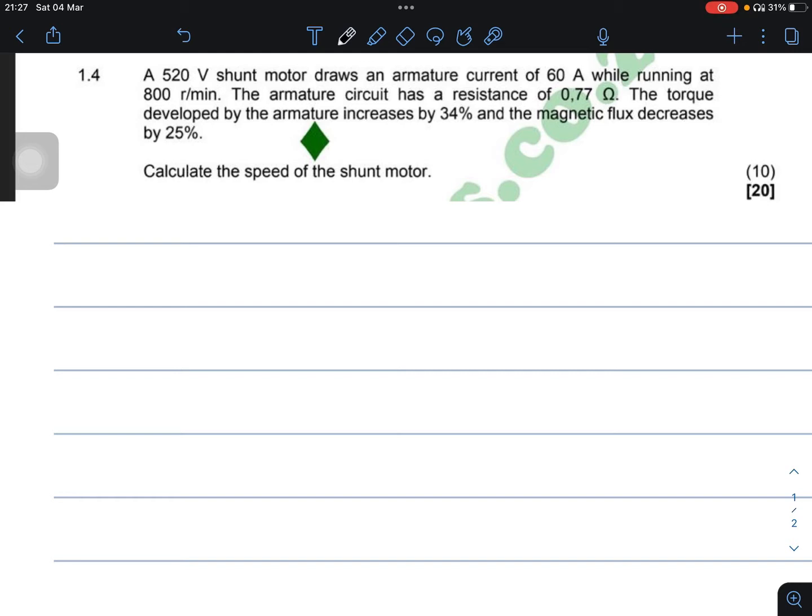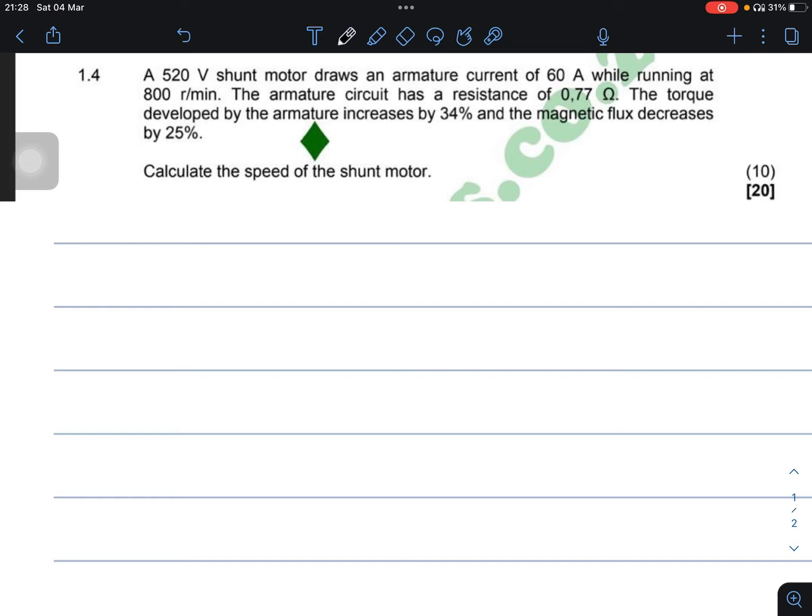It is also meant for N5 because the speed control in N5 and the speed control in N6 is the same thing. Yeah, there's no difference. So I did the video on speed control calculations, then I gave them this homework. Now I'm doing the corrections for them in this video.